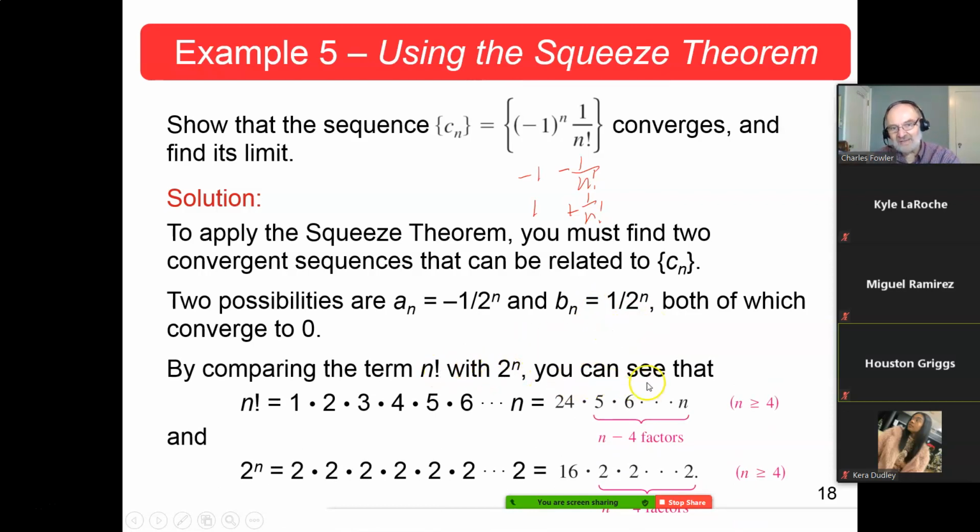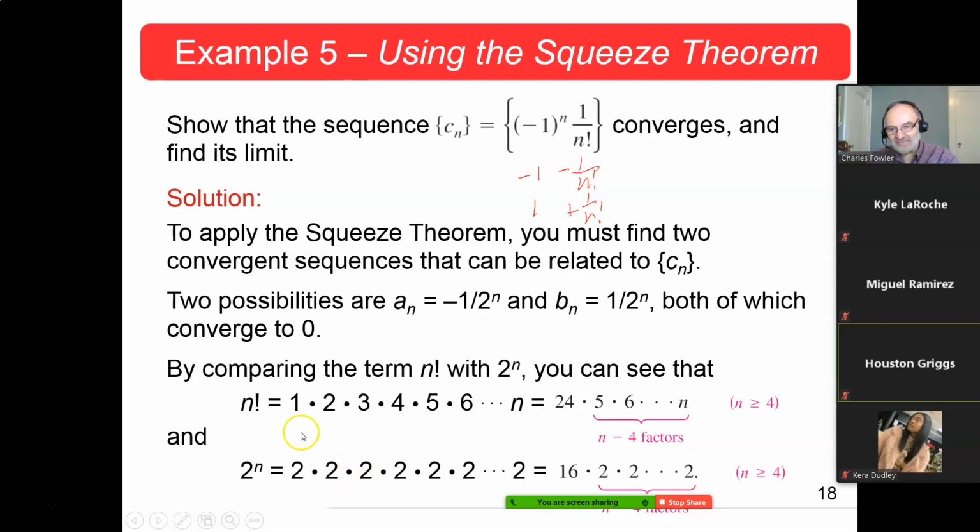You can see that n factorial would be 1 times 2 times 3 times 4 times 5 times 6 all the way up to n. Whereas 2 to the n is going to be 2 times 2 times 2 times 2, all the way up to 2 to the n. Whatever n is, that's how many 2's you have.